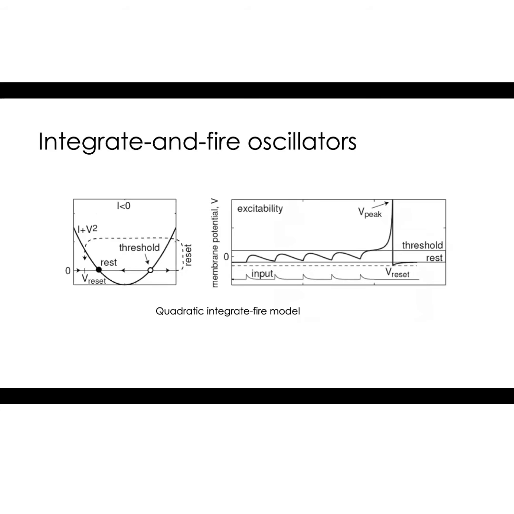Basically, the simplest model of integrate and fire oscillators is a quadratic integrate and fire model, where you can see the charging pattern here on my left, where you have some kind of object that has to be charged after a discharge, and then once it reaches some threshold, it can fire again.